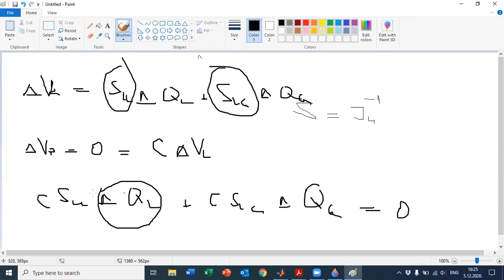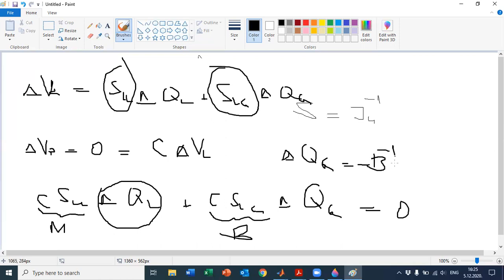We can call this matrix M, and this matrix can be called N or B, as they used it in the paper. So the generators need to be operated in a manner delta QG is equal to minus B to the minus 1 times M times delta QL.